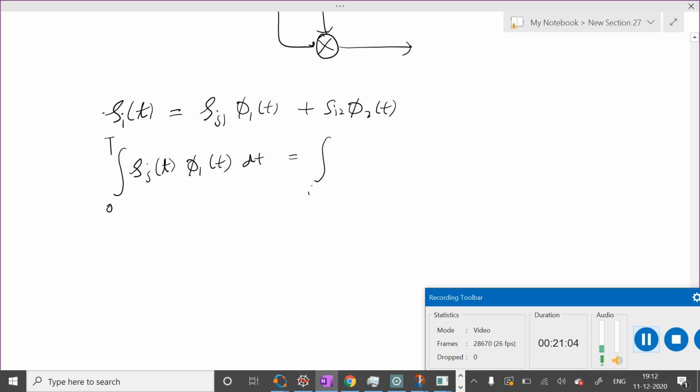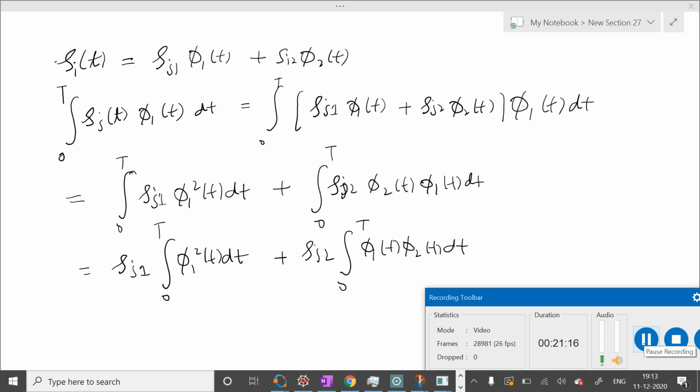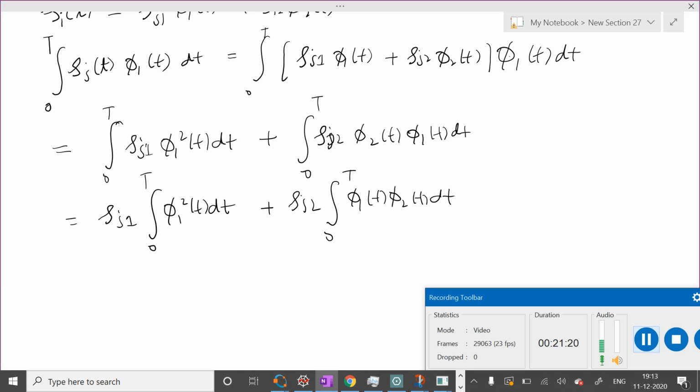So what will you get? The integral from 0 to T of si1 phi 1 of t plus si2 phi 2 of t, times phi 1 of t, dt. After simplification we will get this one. Phi 1 gets multiplied to both the terms, si1 and si2 do not depend on time, they will come out of the integral. Now phi 1 phi 2 forms an orthonormal pair, so the integral of phi 1 phi 2 dt will be 0, right?